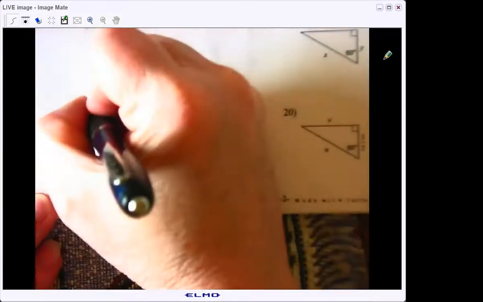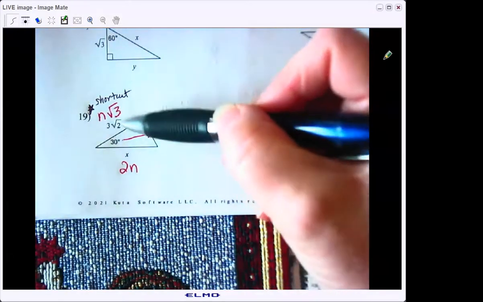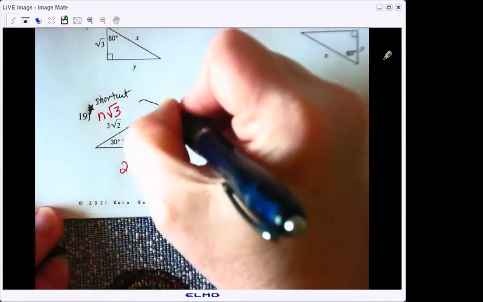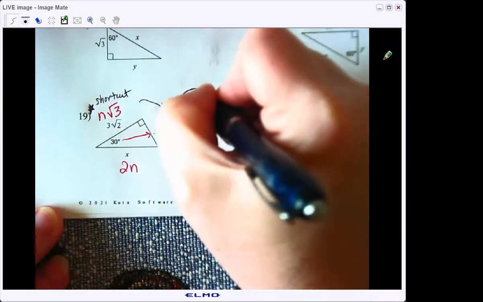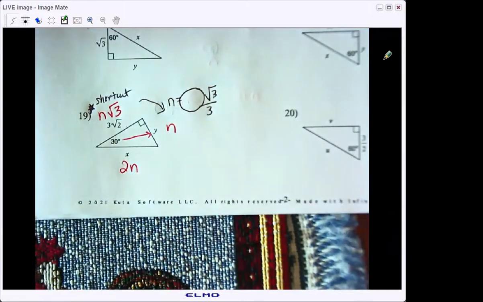So this right here tells me that we need the shortcut because my root 3 doesn't have a root 3. So when I find N is equal to whatever that was, that is, with a root 3 over 3. So what's going to go in my circle?